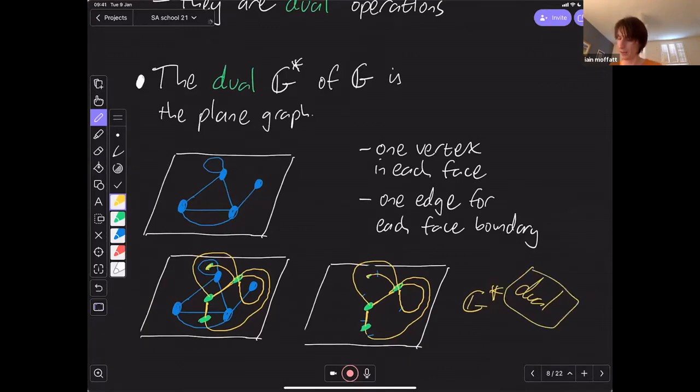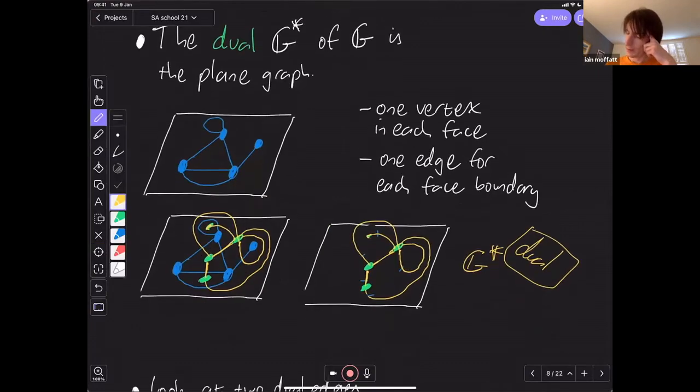And again, it's a plane graph. Something to notice is that if I start over here and do the same construction, then I'm just going backwards and recovering the graph I started with.